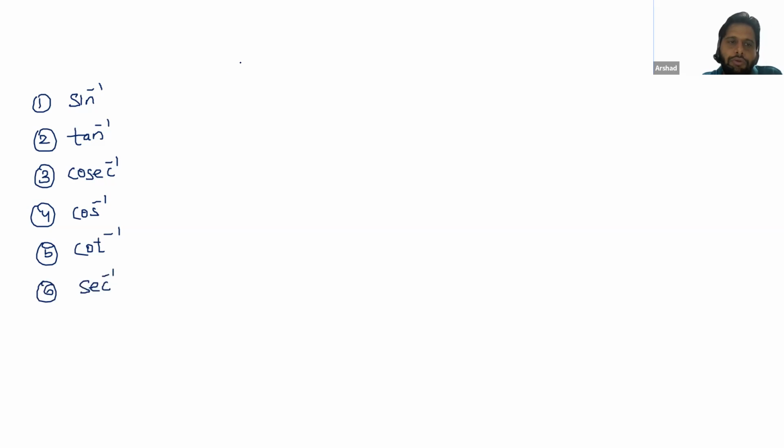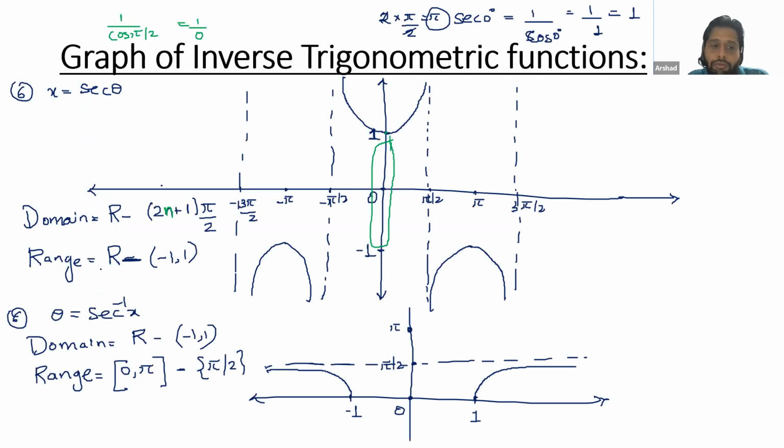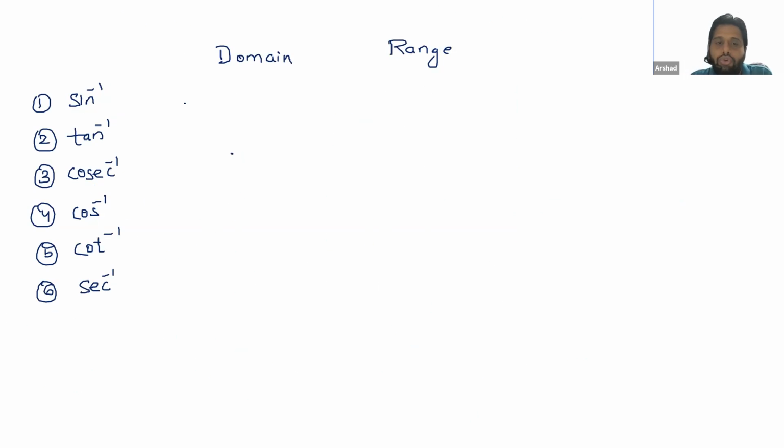Now you have a domain and you have a range. Whatever the range you have for these functions becomes the domain for this one. So domain you have to find on your own.